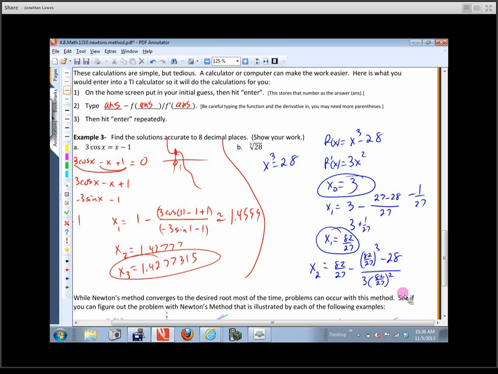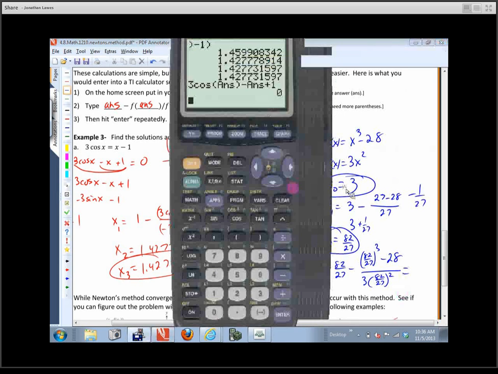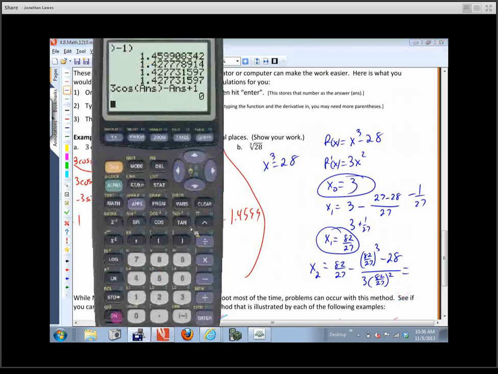Okay, let's have the calculator do the heavy lifting for us here. Clear this off. Our guess, plug that in, and then it's the same setup every time. The only thing is the structure of those functions has to change because the functions have changed. So this is going to be that last answer minus the function value at that last answer.